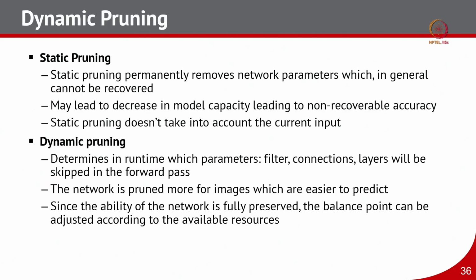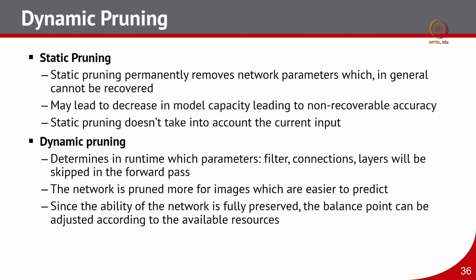Now, instead there are techniques called dynamic pruning, which determine at runtime which parameters, filters, connections, and layers will be skipped in the forward pass, and the network is pruned more for images which are easier to predict. Maybe some image, let us say a football or a soccer ball, can be predicted very easily. So, for that we may be able to prune the network heavily, right.